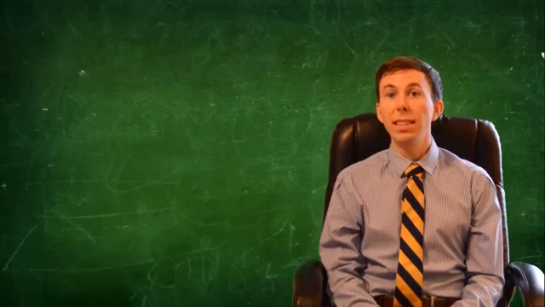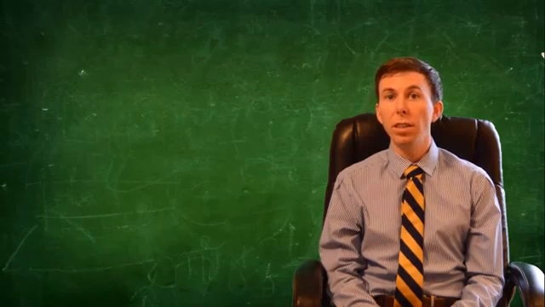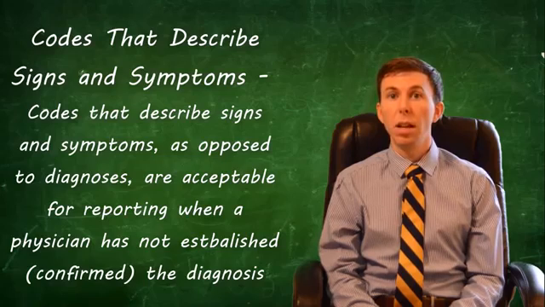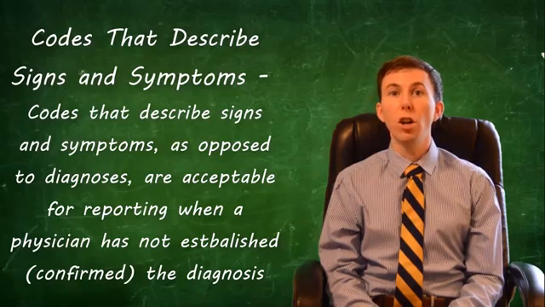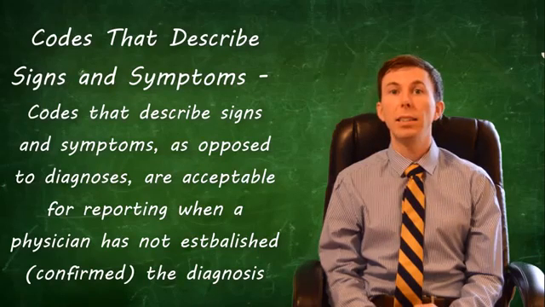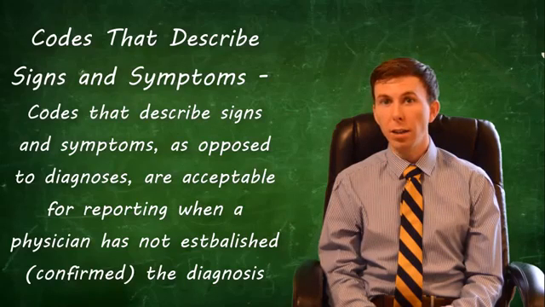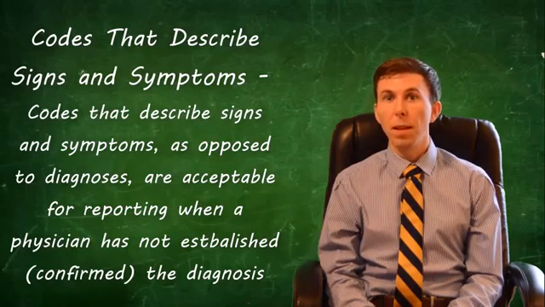And if it's not a definitive diagnosis, the next thing you have to do is go to the signs and symptoms. You're going to code any symptoms that you see throughout the doctor's note, not the diagnosis.